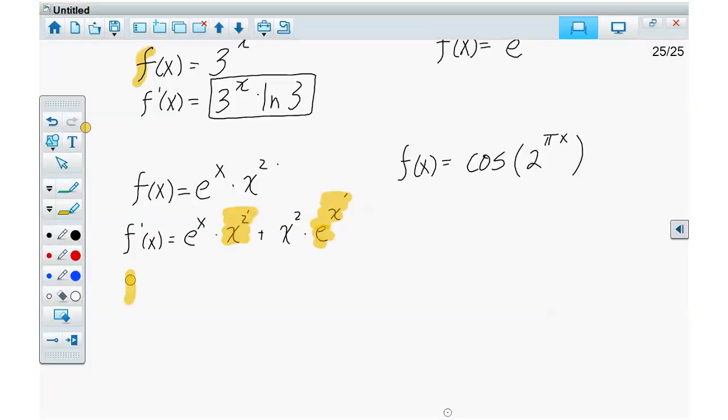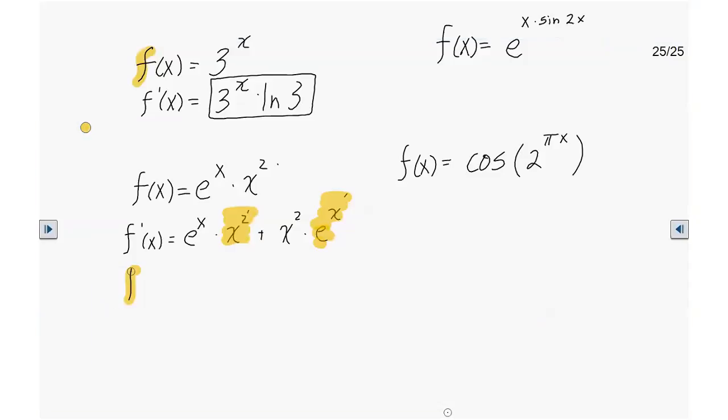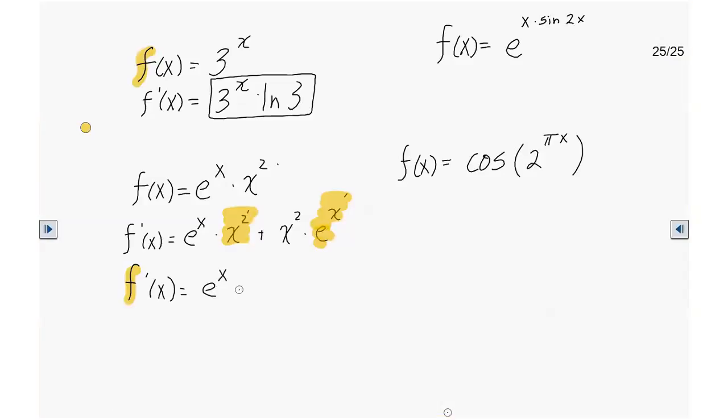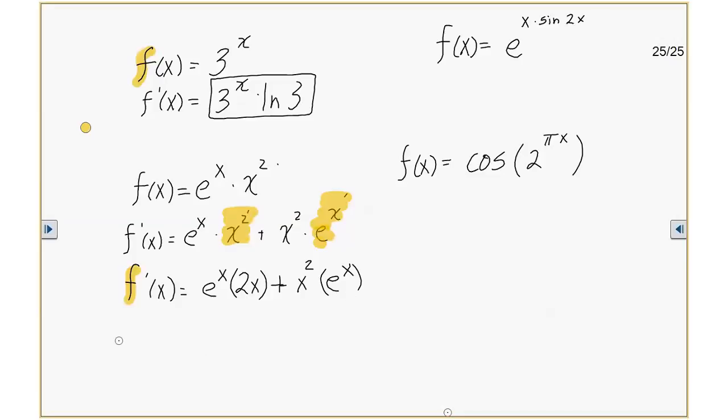So f prime of x is equal to e to the x times 2x plus x squared times what? E to the x. And then clean that up, factor out x e to the x. I'm not going to go further on that one.